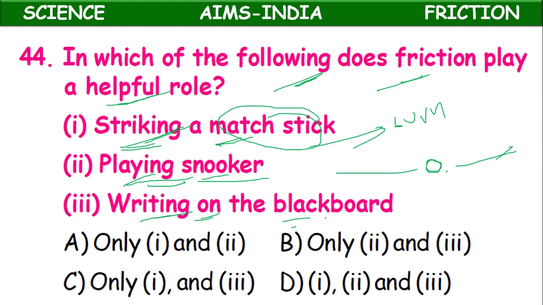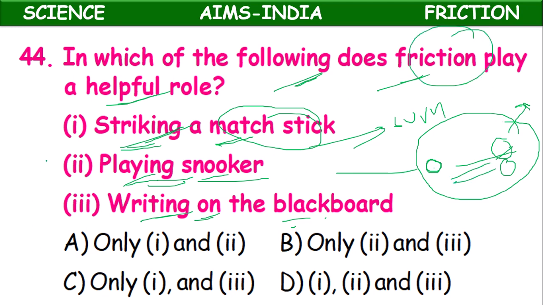But we have to balance in such a way that it will hit the other ball and go to the hole. While playing snooker or carroms, balancing is very important. That balancing is done by friction. So in this also it is helpful. Writing on the blackboard. While writing, the chalk piece sticks to the blackboard. So it is also helpful. So all three, D option, 1 to 3.